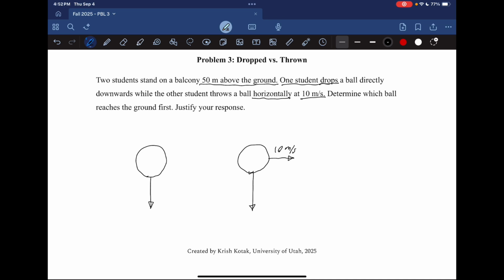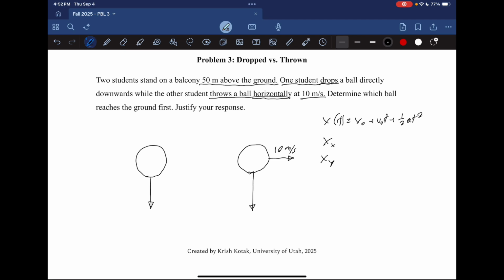Our first student drops the ball. The other student throws the ball, but it's horizontal, so it doesn't have any vertical component from the student initially acting on it. If you were to use x of t equals x naught plus v naught t plus 1/2 a t squared, you would need one for the x direction and one for the y direction.